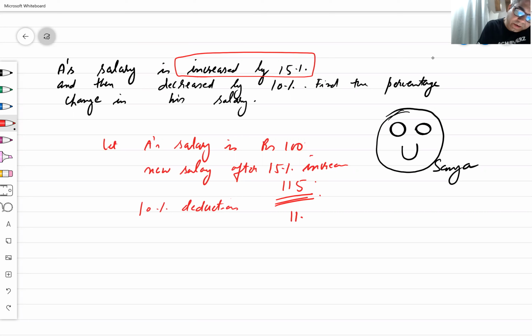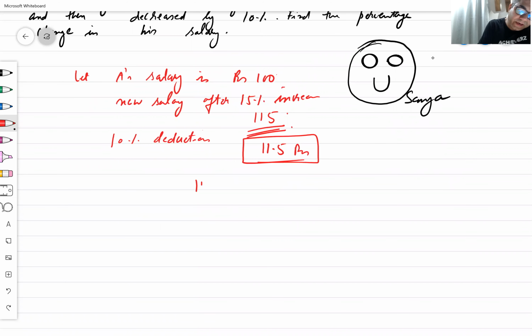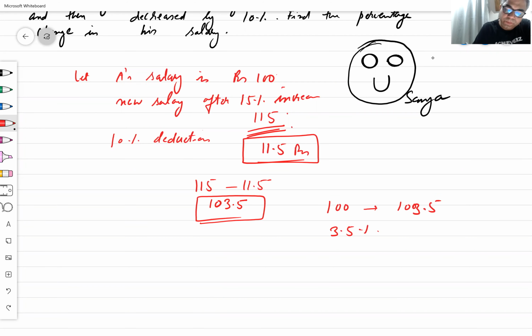This is 11.5 rupees. So what is his net salary? 115 minus 11.5, and that is 103.5. So what is the net increase? Earlier it was 100, now it is 103.5. That means 3.5%. Is it okay? Tell me.